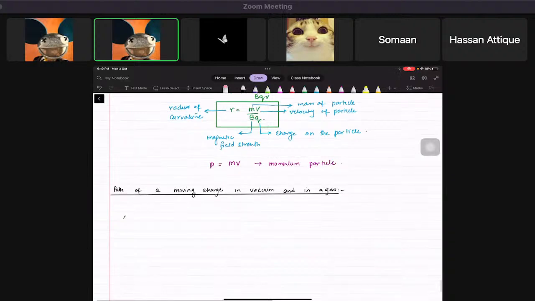So suppose we have an infinite field that's into the page, just like we had one before. And copy this.